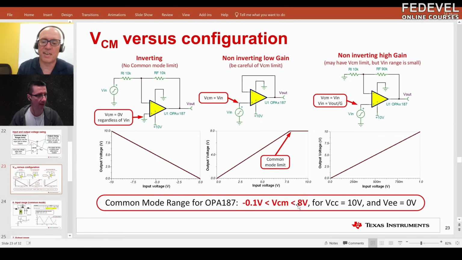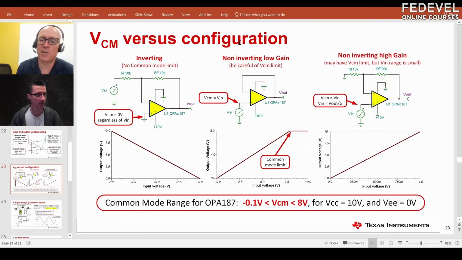This is given in the data sheet of the device. It tells you what the common mode range is. So if we apply a 0 volt to 10 volt input signal, when we get to 8 volts, we violate that common mode range and it doesn't function anymore. We just get nothing out. We clip, basically.